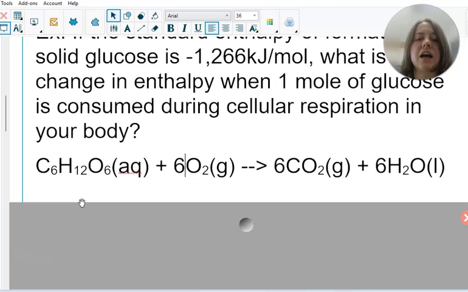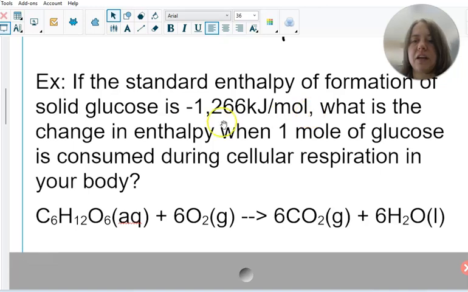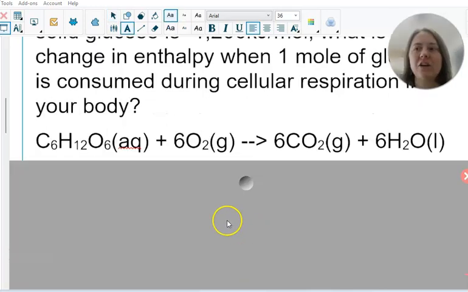Okay, so your next step is to look up all the enthalpies of formation for your different compounds. They tell us glucose right here is 1,266 kilojoules per mole. So please take a moment and look up all your enthalpies of formation for your different compounds. Okay, well, hopefully you've taken a minute and written down all of your enthalpies of formation.